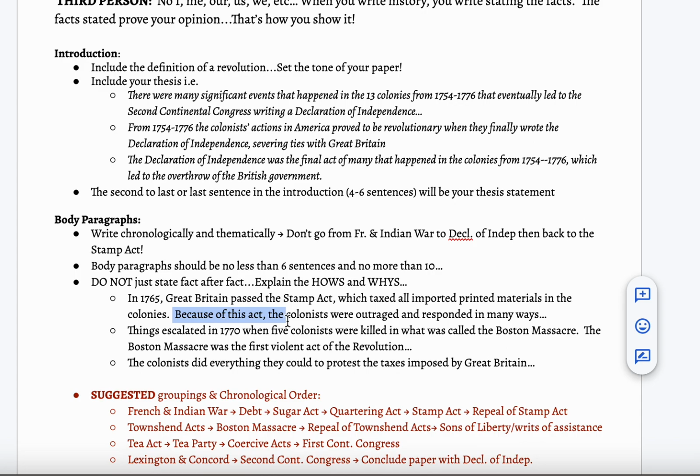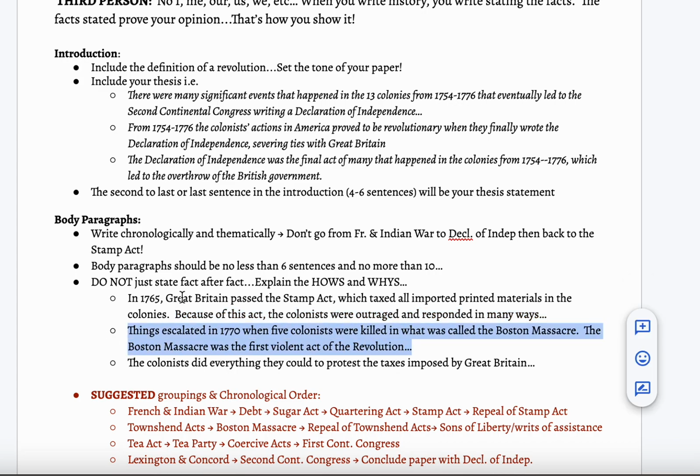Because of this act, the colonies were outraged and responded in different ways. So that is telling me how and why the sentences before are important. Because of the act, which is telling me you're referencing the part in the sentence before, the colonists were outraged. You're telling me how the colonists felt. And they responded in many ways. You're telling me what they're doing.